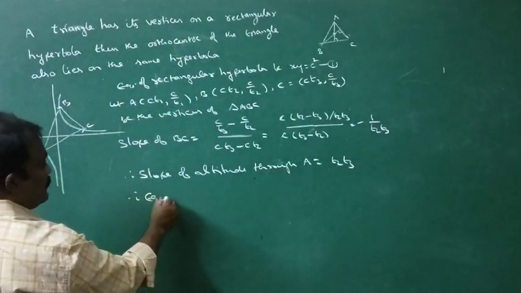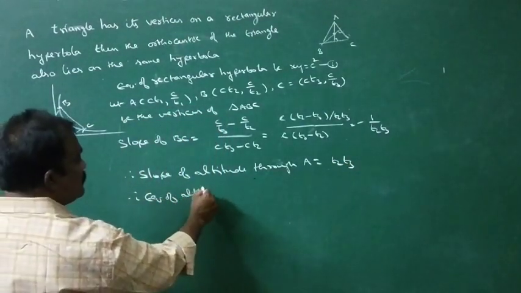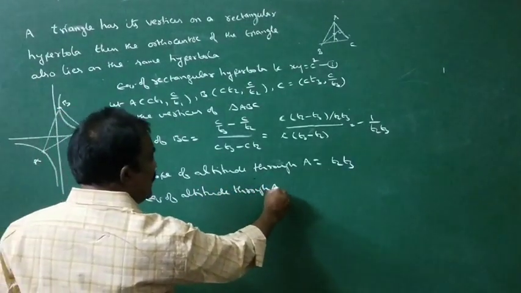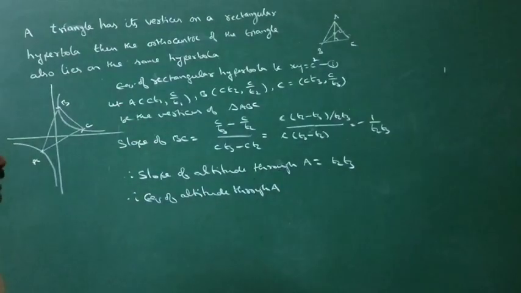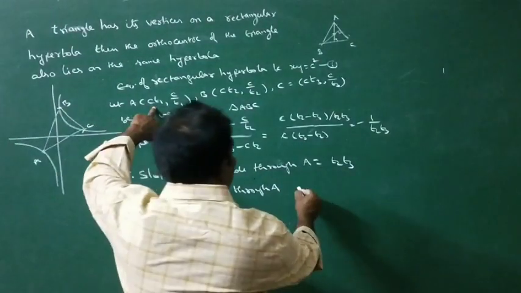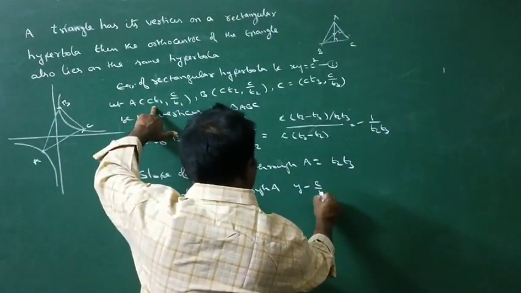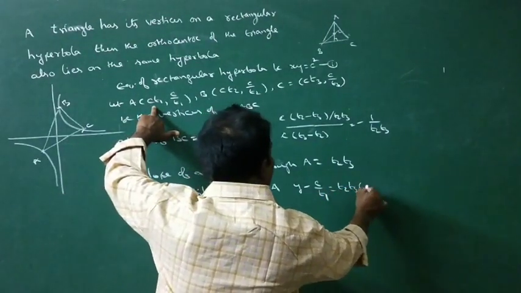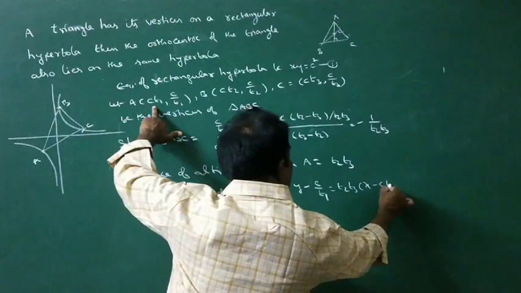Therefore, equation of altitude through A, by using slope point formula, y minus y1 equal to m into (x minus x1).